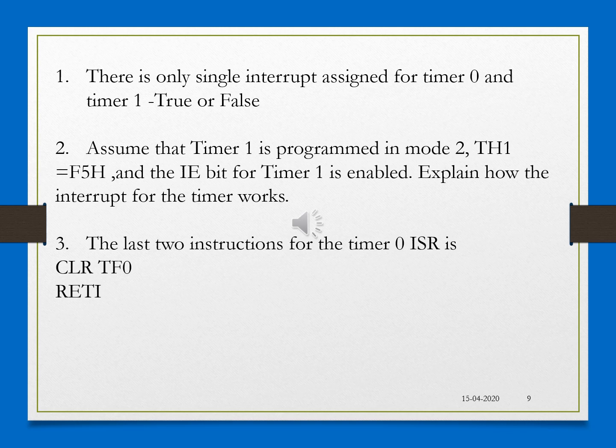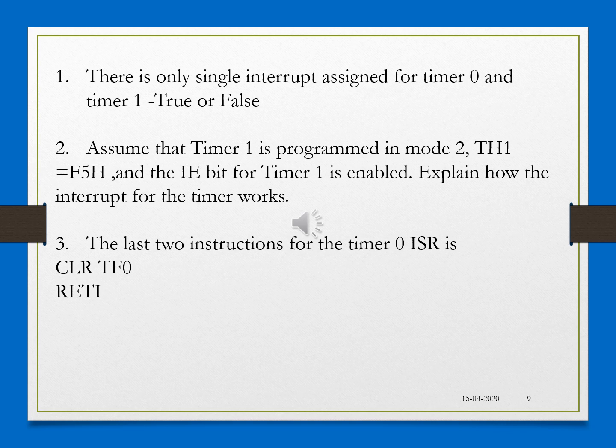No, these last two instructions need not be, because clear TF0 is not at all required. Why? Because RETI does the job of clearing TF0. So you need not separately use the instruction clear TF0.